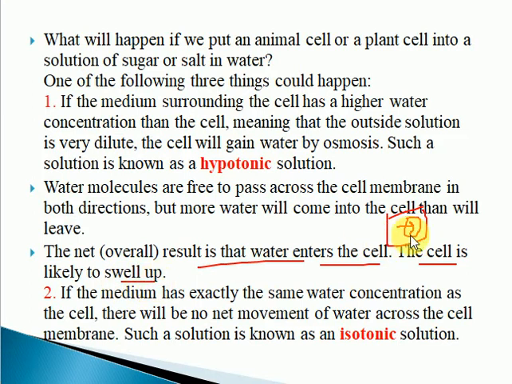Okay, when we place the cell in a hypotonic solution, the water would move towards the inner side of the cell and the cell would swell up. But in case of an isotonic solution, neither would the cell swell up nor burst. It will remain as it is, because the concentration of the cell and the concentration outside the cell are the same.